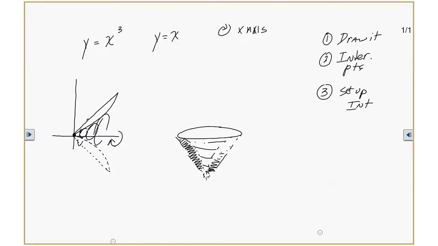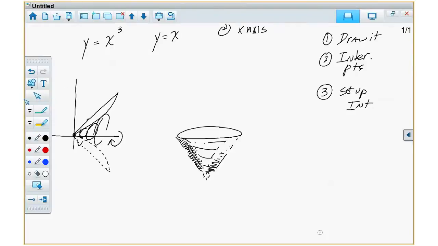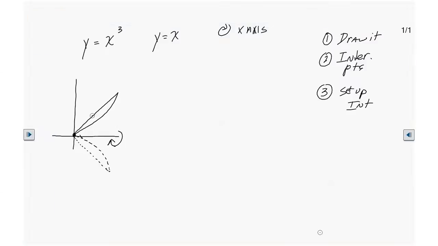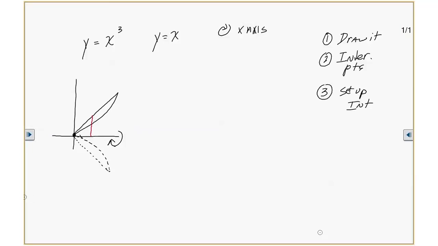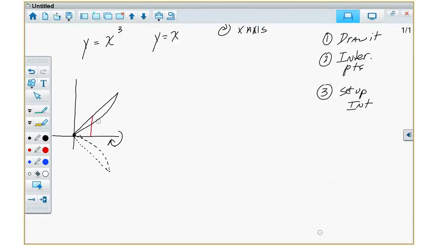So here is your x-axis, and I'm going to take my handy dandy red marker and put a line here, and then take my blue marker and put a line here.